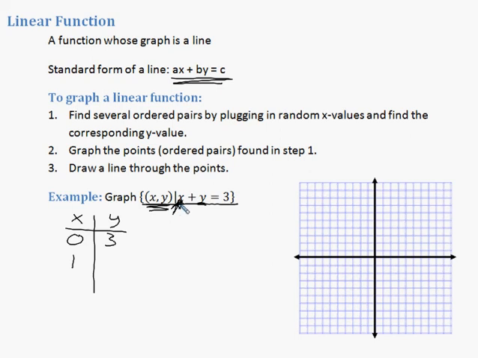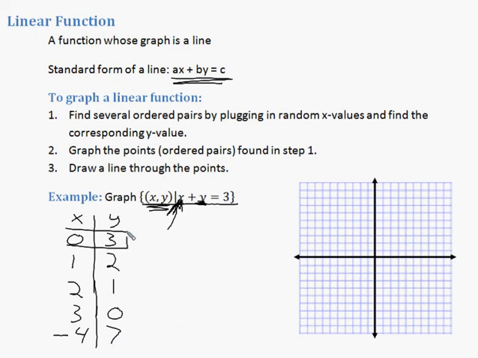If I put 1 in for x, 1 plus what equals 3? That's 2. So I have the points 1, 2 and 3, 0. We could pick other numbers. These are probably the easiest, but we could put something like negative 4, and I could think, negative 4 plus what number would give me 3? Well, negative 4 plus 7 would give me 3. So there's several points that I can graph.